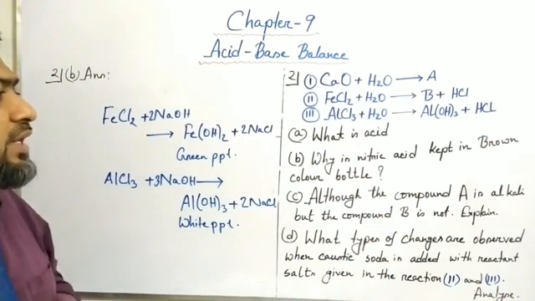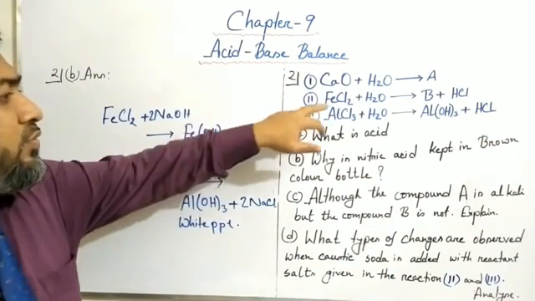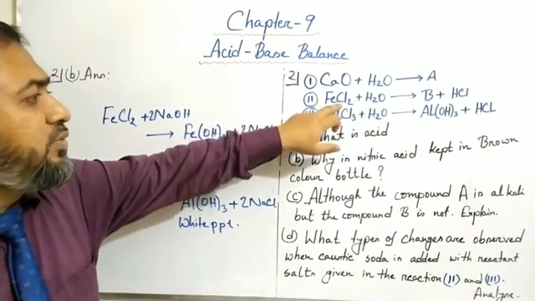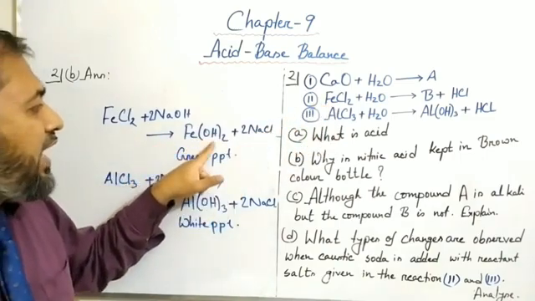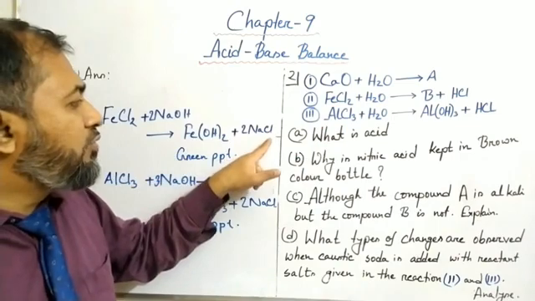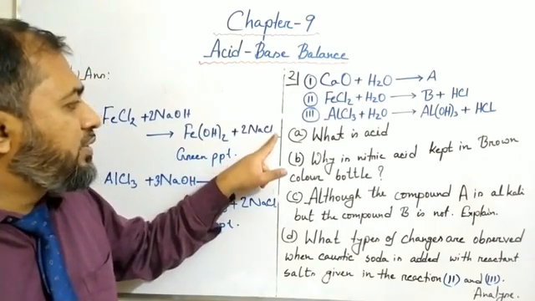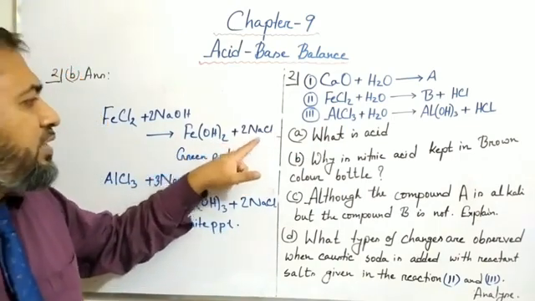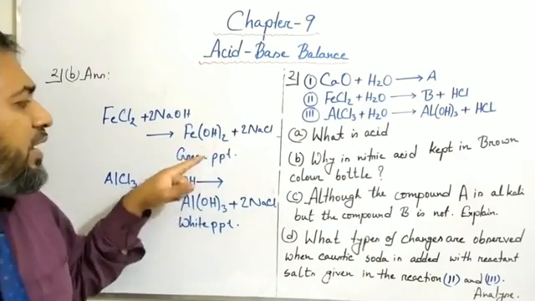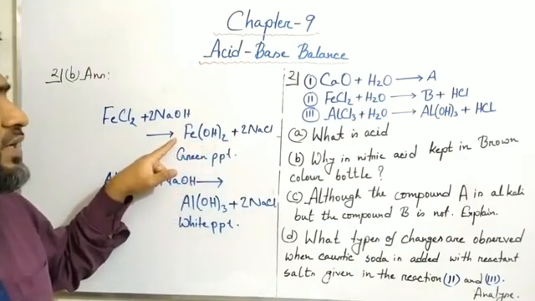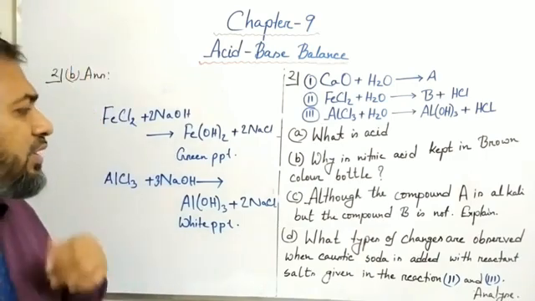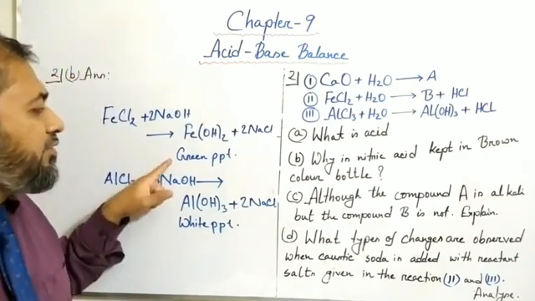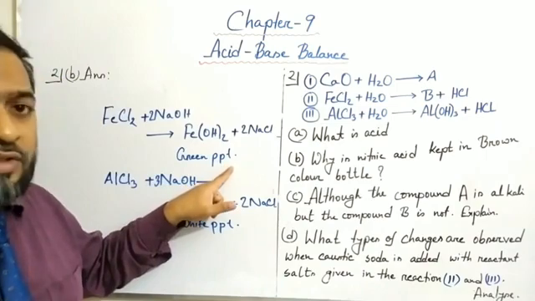I repeat once again. When sodium hydroxide is added to ferrous chloride, it will produce ferrous hydroxide and sodium chloride salt. This ferrous hydroxide does not dissolve in water. Consequently, we observe a green precipitation in the solution.